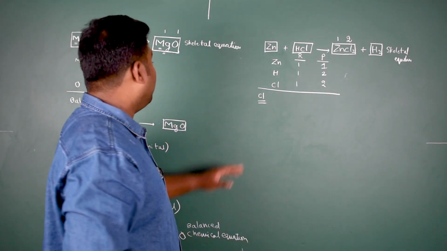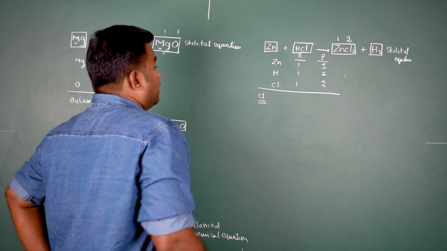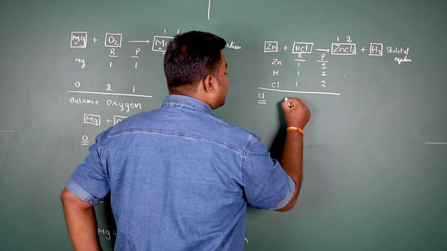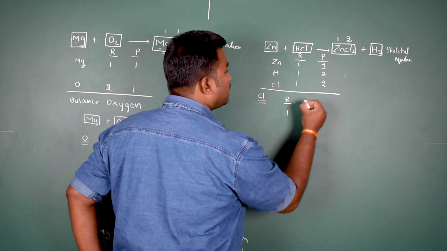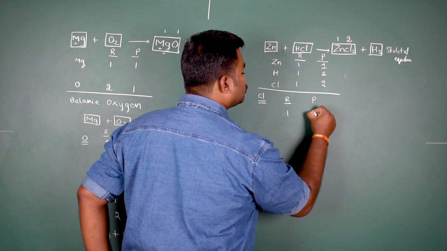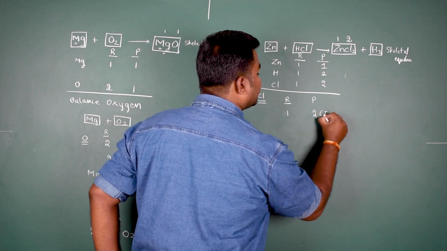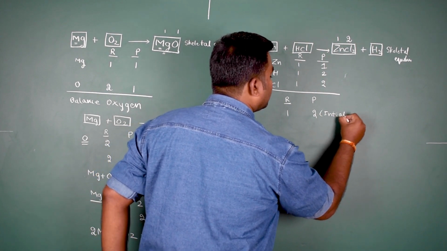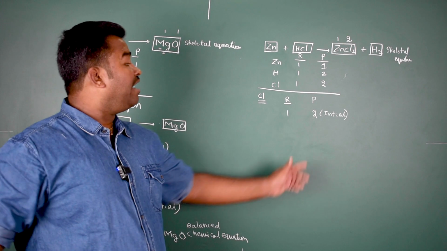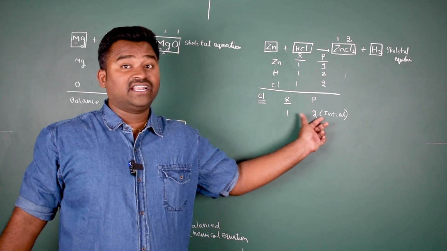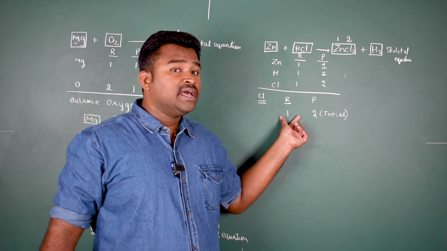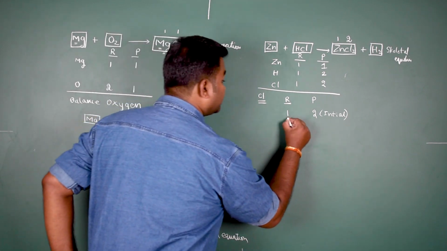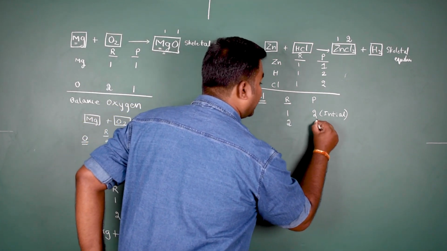In balancing chlorine, the number of atoms on the reactant side is 1, and on the product side is 2. So this is the initial value. I have to ensure that the number of atoms on the product side and the reactant side are equal. So if here it is 1, I have to make it how many? It is 2 and 2.